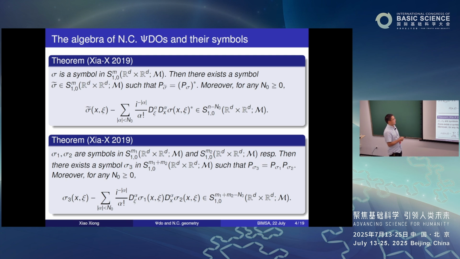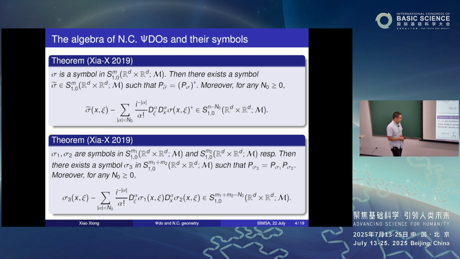So this is also the case in the non-commutative setting. The symbol of the adjoint operator is expanded in this way, and the symbol of the composition also has to be expanded in this way.